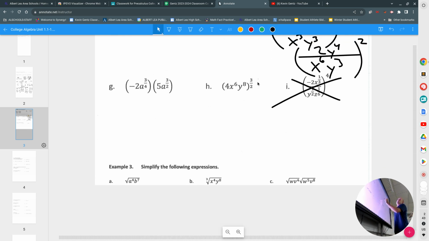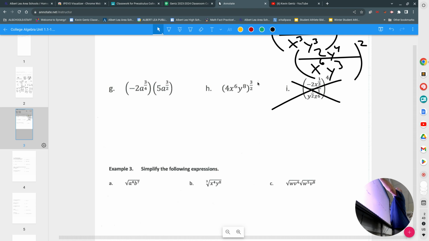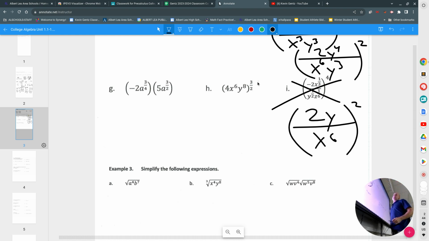So she's 100% right. Okay, that negative 3 is going to come down and make that an x to the 6th. Now, what can we simplify in here? Your y to the 4th over y to the 3rd is just going to become y. And then we square that to get 4y squared over x to the 12th.